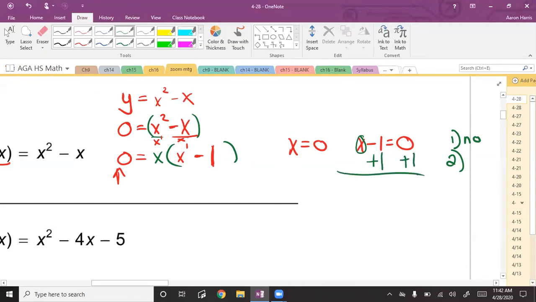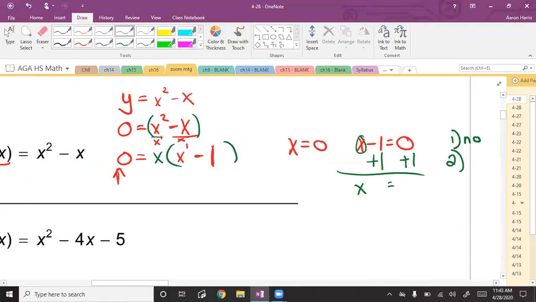Beautiful. So now X comes down. Minus 1 plus 1 does what? 0.